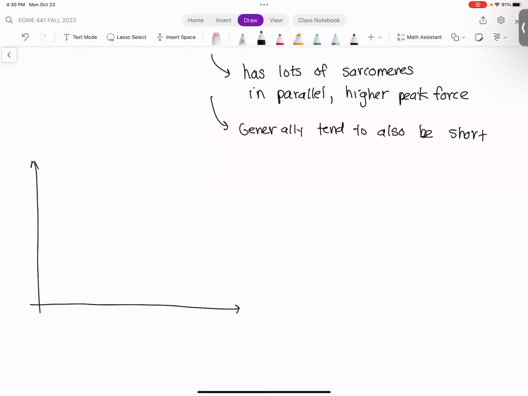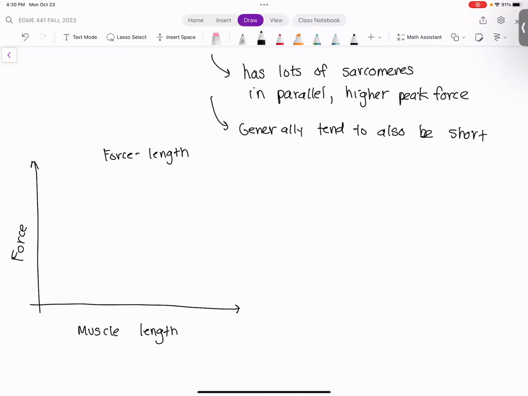So let me show you the force length curve and what that looks like under these conditions. For a thicker muscle, that's going to have a higher peak.